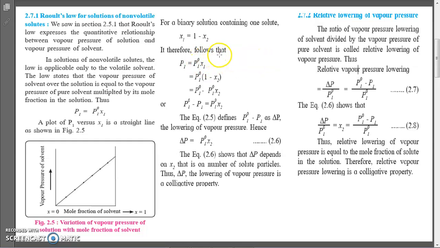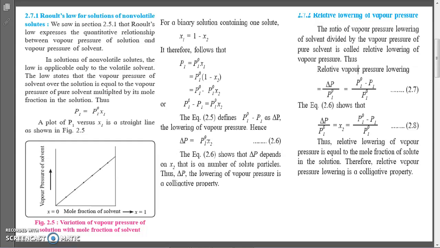Therefore, from Raoult's law, P1 is equal to P01 X1. Replacing X1, that is equal to P01 times 1 minus X2, so we get P01 minus P01 X2. We can also write this equation as P01 minus P1 is equal to P01 X2.